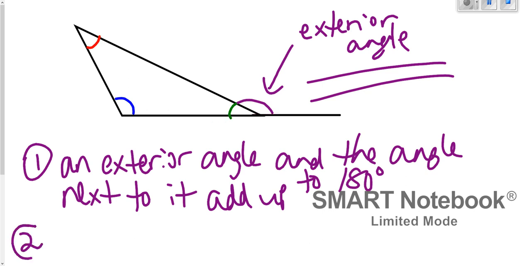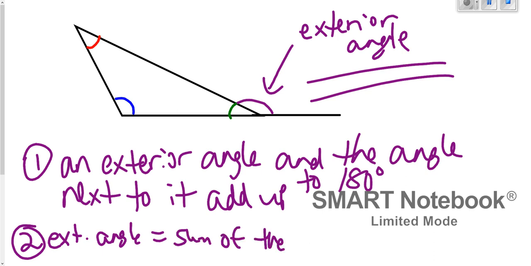The second thing to know, and this is the theorem I was talking about, it's called the exterior angle theorem, is an exterior angle, I'm going to abbreviate here, equals the sum of the two angles not touching it.